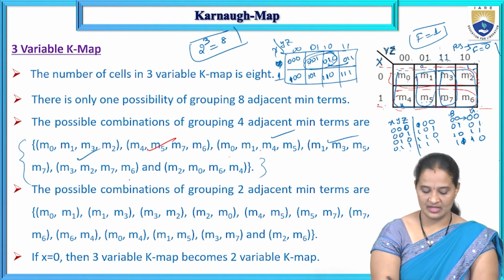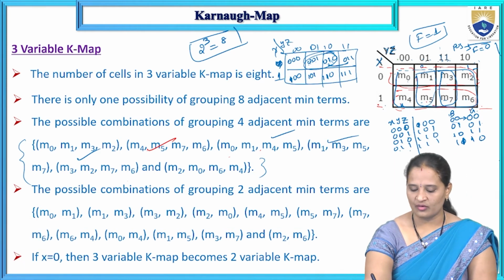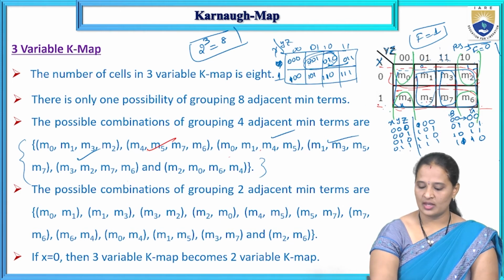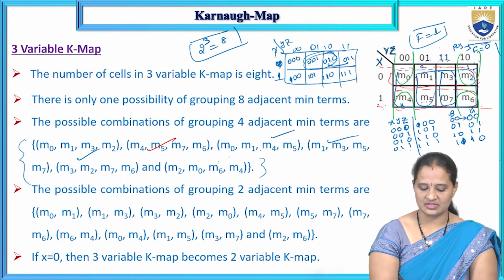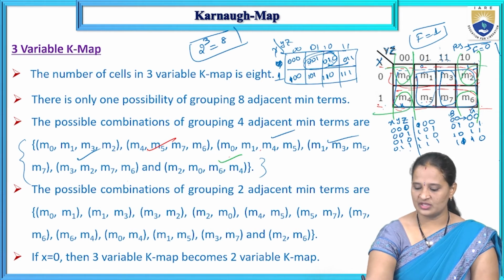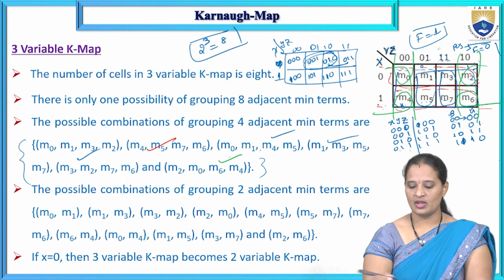And next, I can also form a quad with these 4 adjacent cells, that is M0, M2, M4, M6. Even I can form a quad with these 2 also, M0, M4, M2, M6.